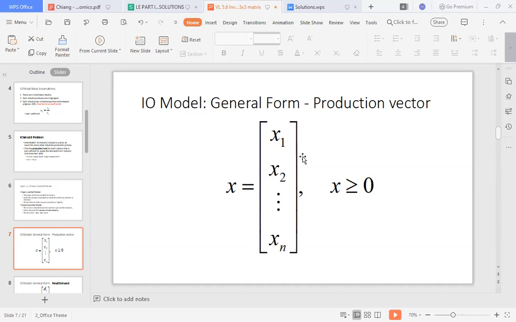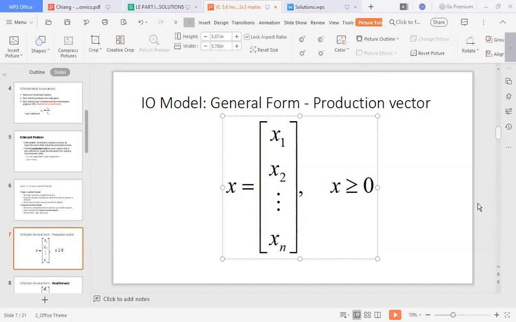So again, these are physical quantities. Okay? So in our assumption earlier, we have N goods. We also have N industries. Because we're strict with three sectors, we know that we have three goods as well. So again, we can just rewrite this later on with X sub 1, X sub 2, and X sub 3. Okay?